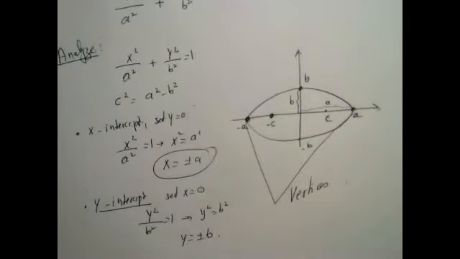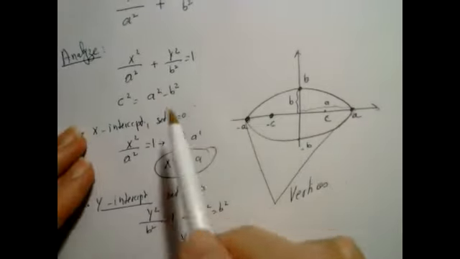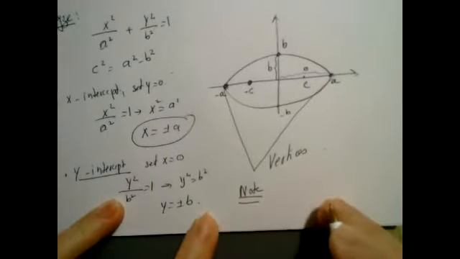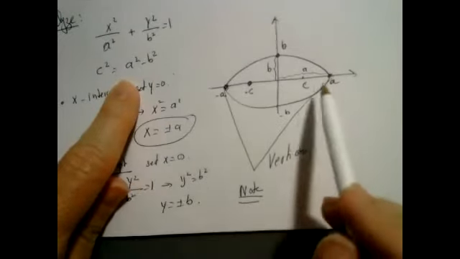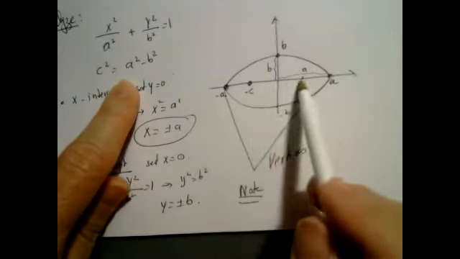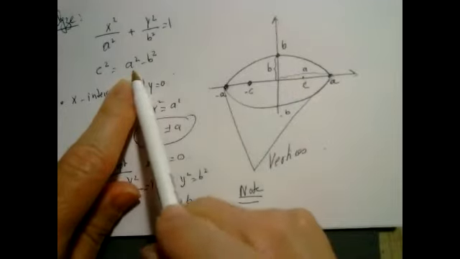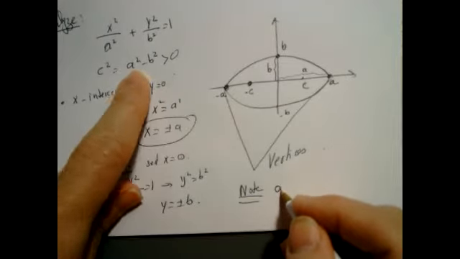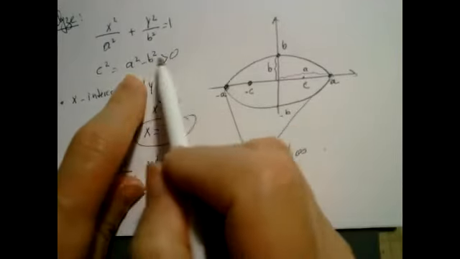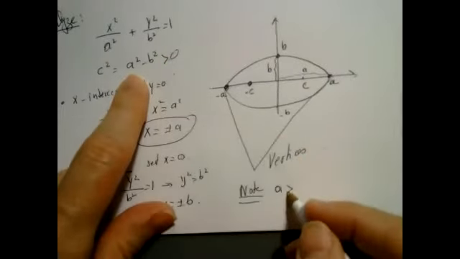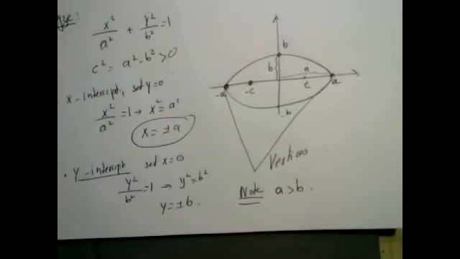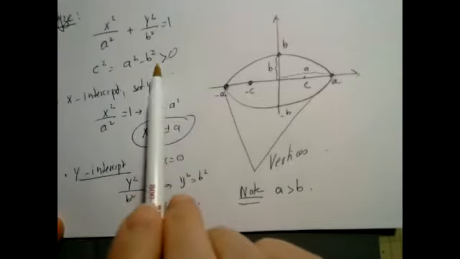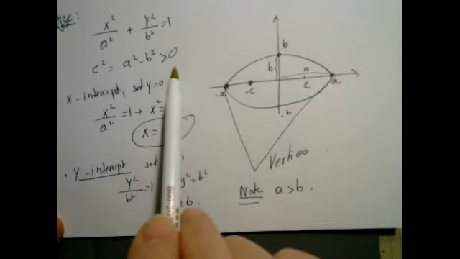Now, the last remark I will make is the following. Let us note that in this picture, when the foci are on the x-axis, for this to make sense, since c squared is positive, a squared has to be bigger than b squared. It means in this context, a has to be bigger than b.